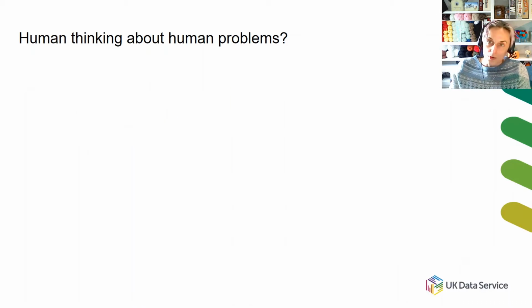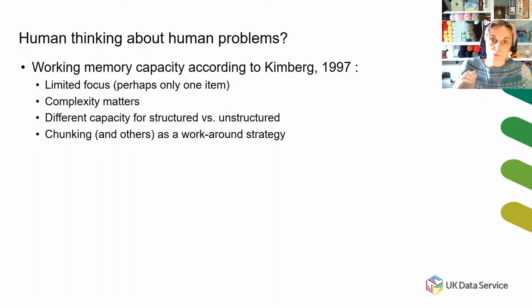And so this highlights that human thinking has co-evolved to deal with human problems in several ways. We have limits on our working memory. We can really only focus on between 1 and 7 things, and it's only one thing if that's a complex thing or if it's an unstructured thing. We do have some workarounds.